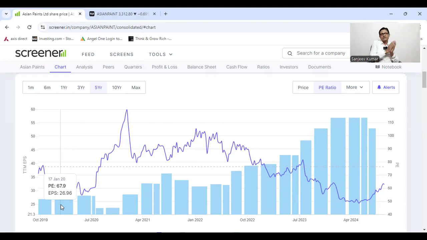And investors at that time were thinking that the company is doing well, doing capex, increasing their infrastructure, factories, everything, outlets. It means after some time profit will come.